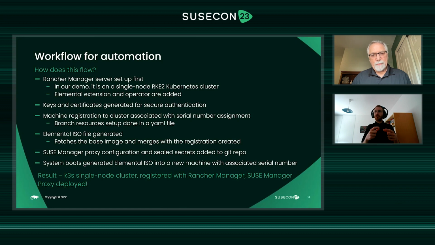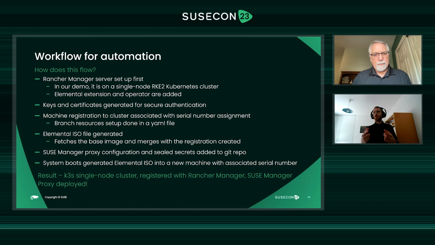And so we will generate an ISO image with this registration data, which is what will allow the newly bootstrapped Elemental VM to phone home and get to know what it has to deploy. And then it will deploy the cluster.